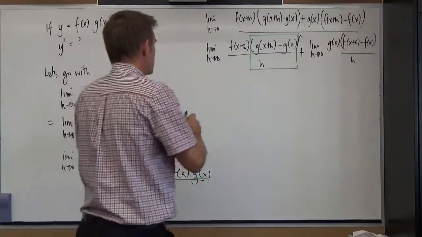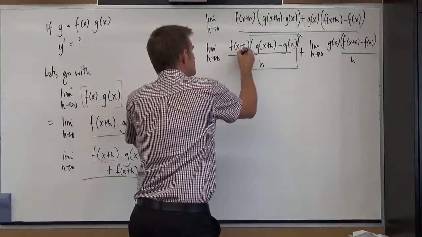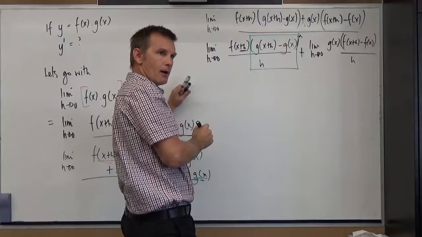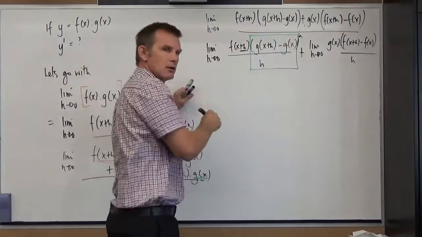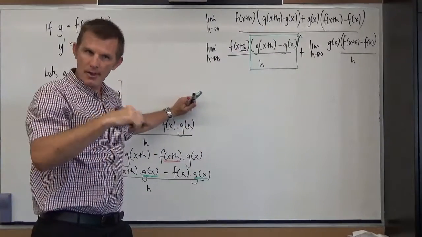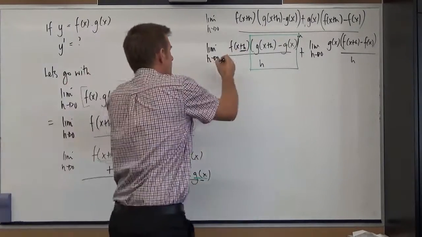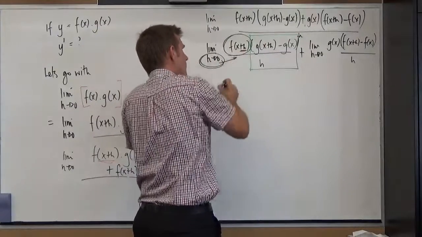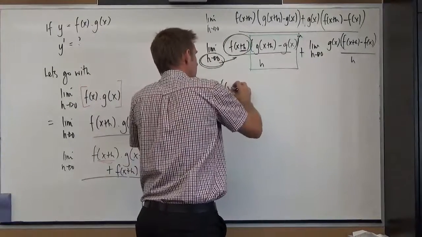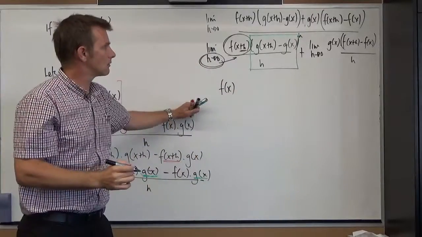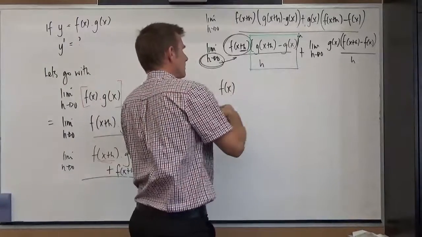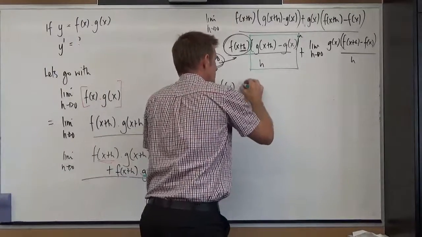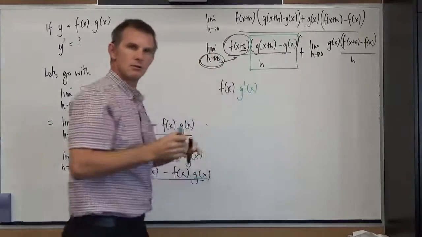Right? And when h is approaching 0 in this part, isn't that just going to approach f of x? So when I apply this into here, this part right here just becomes f of x. And this part here in the green, doesn't that just become g dash of x?